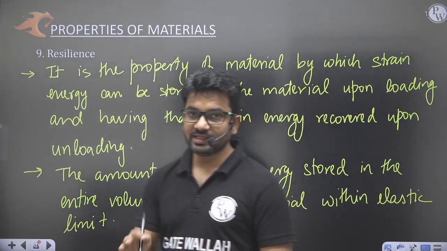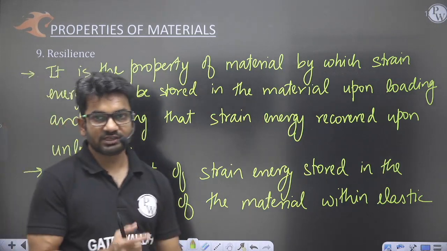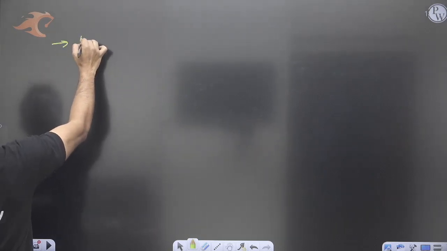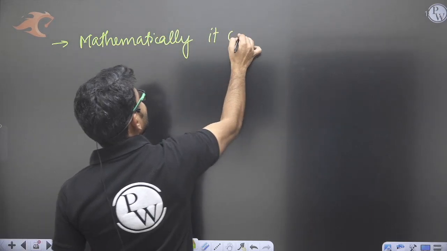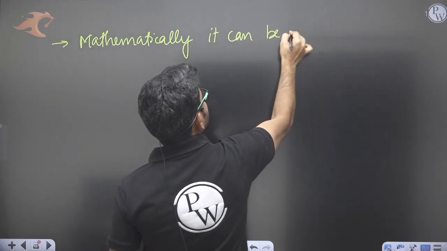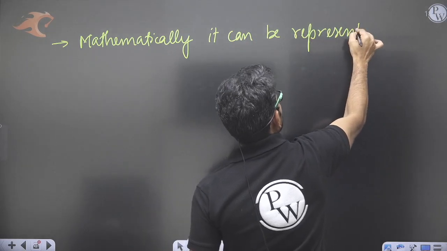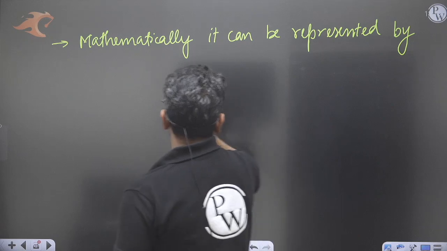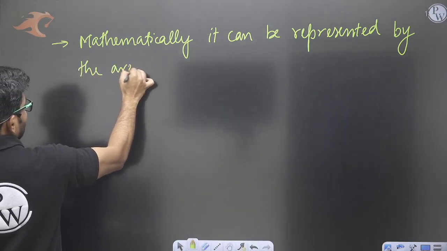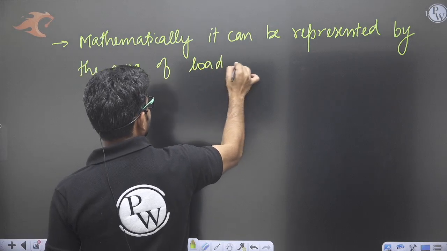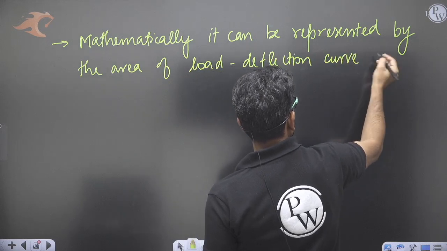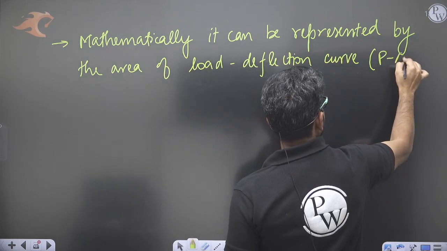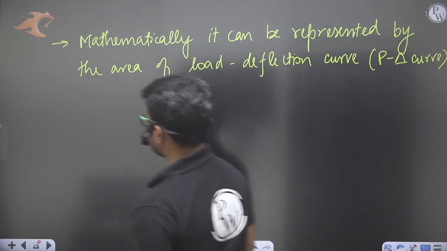Now mathematically it can be represented by the area of the stress strain curve or P delta curve. Okay, so write down, mathematically it can be represented by the area of the load deflection curve, or we can also say P delta curve, within elastic limit.